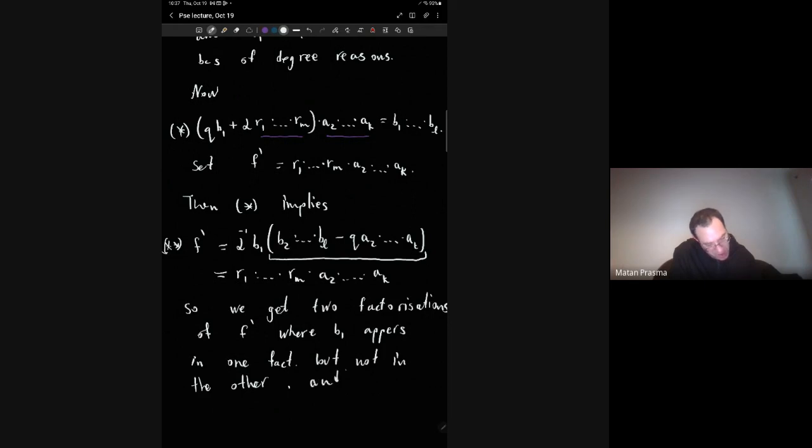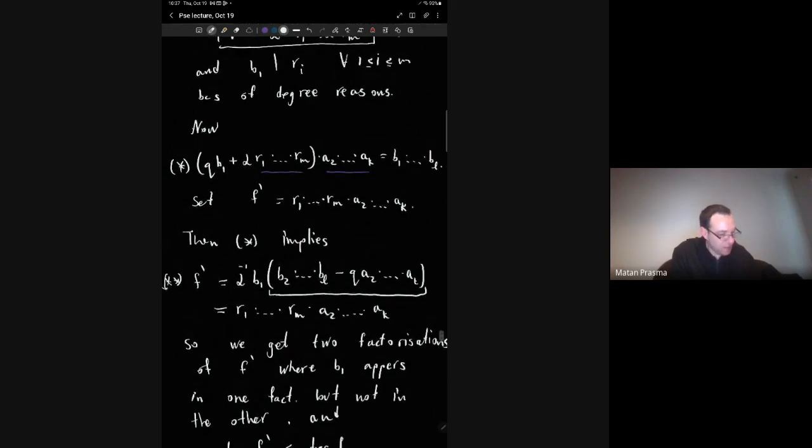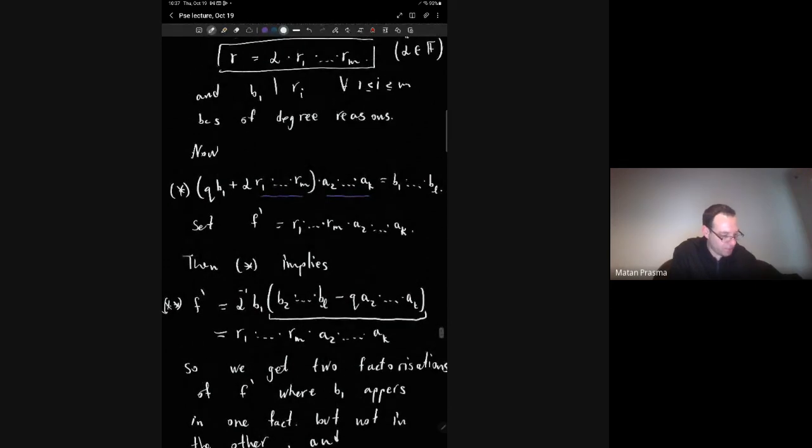And the degree of F prime is strictly smaller than the degree of F, because remember, F prime is this product, and I removed some.